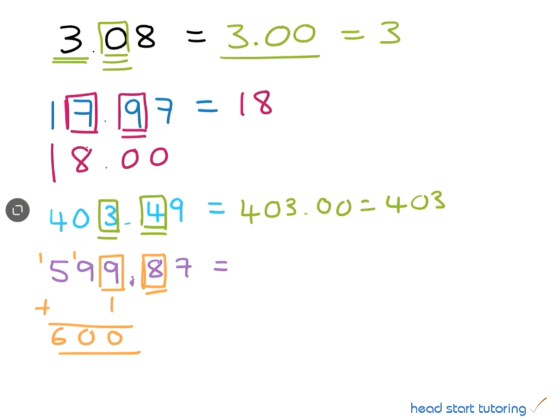So 599.87 is in between 599 and 600, and we are just trying to figure out whether 599.87 is closer to 599 or closer to 600. And because of this 8 in our tenths column, we know that it is closer to 600 than it is to 599. So rounding this number off to the nearest unit will give us an answer of 600.